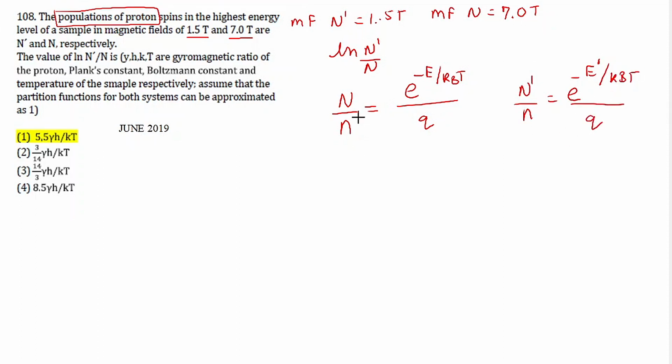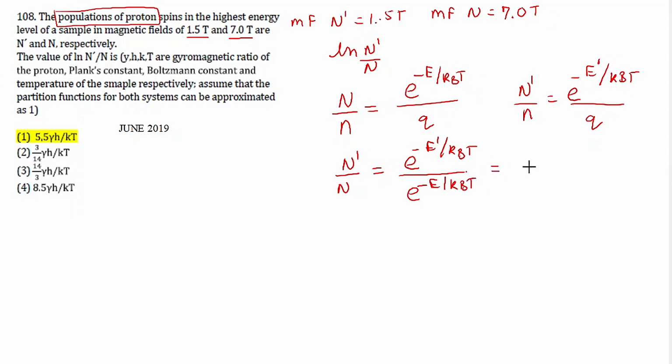Now we need to take the ratio. When we take the ratio, N and q will cancel out, and we will have n dash upon n equal to e raised to minus e dash upon kBT upon e raised to minus e upon kBT.